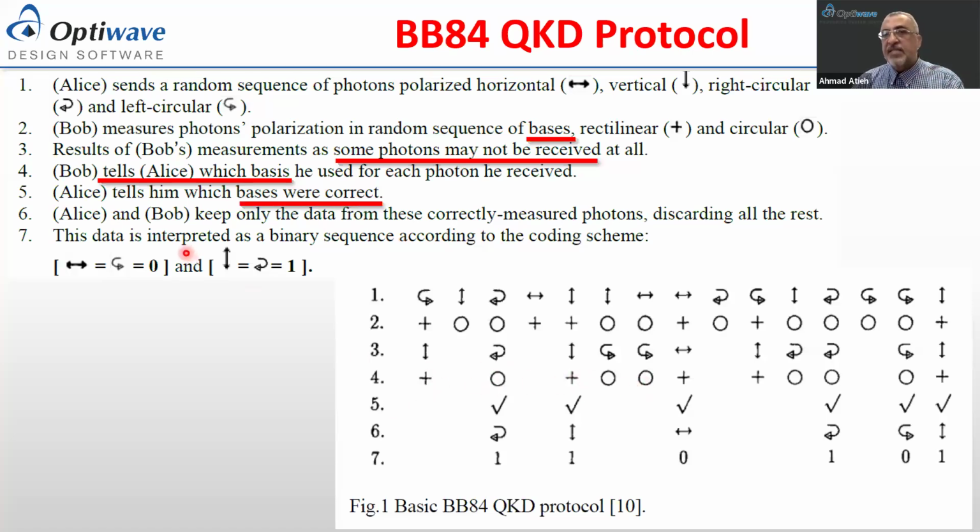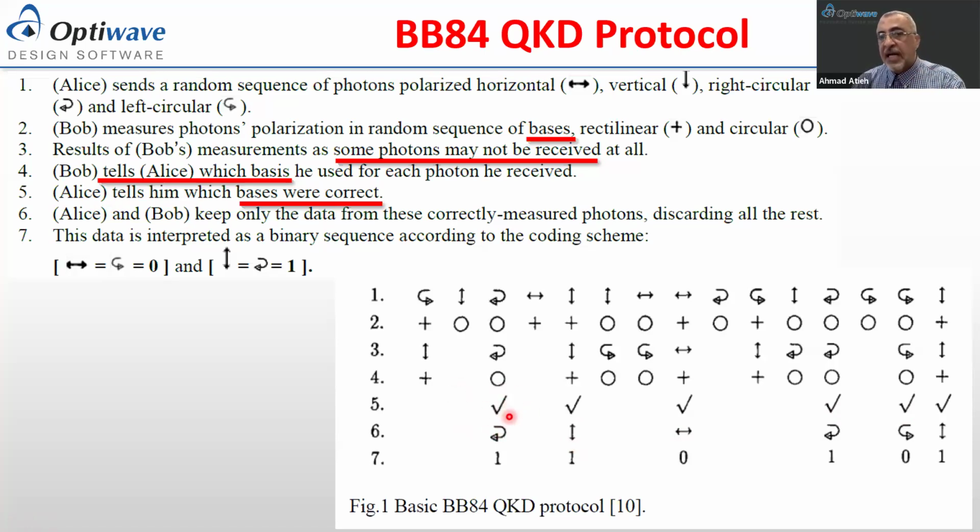The next step is the sifting step, where Alice tells Bob which of these bases are correct. This one is correct because she sent circular, but as you can see, she doesn't tell him whether it is circular right or circular left, only that these bases are correct. That adds an additional possible error.